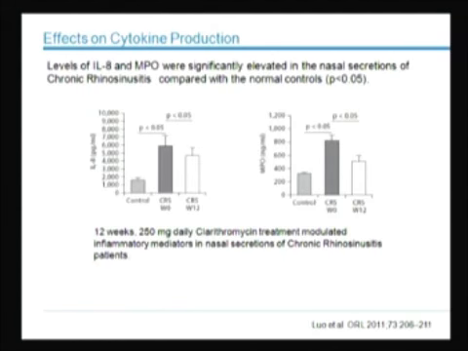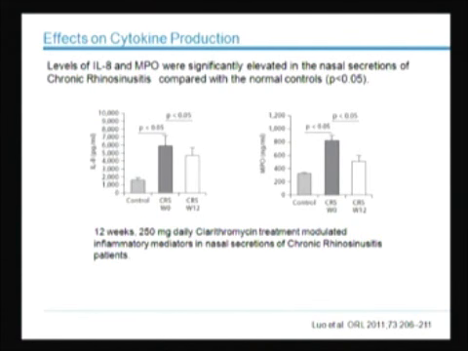This is from a recent study in ENT, where they looked at the level of IL-8 and metalloproteinases that were elevated in nasal secretions of chronic rhinosinusitis. As you see, compared to controls, those who have chronic rhinosinusitis have very high baseline IL-8 levels.